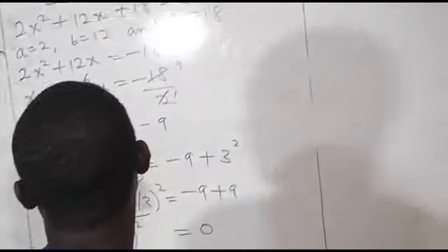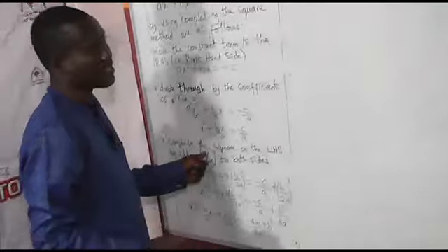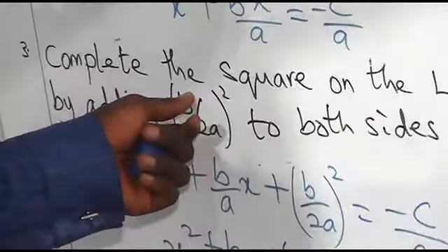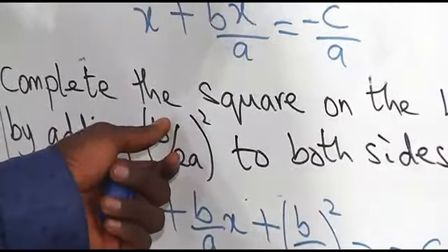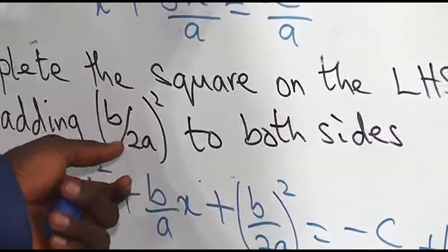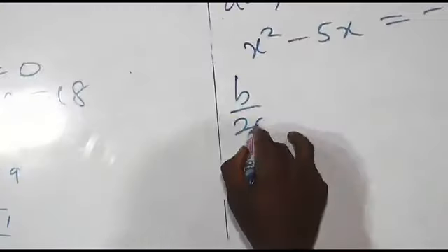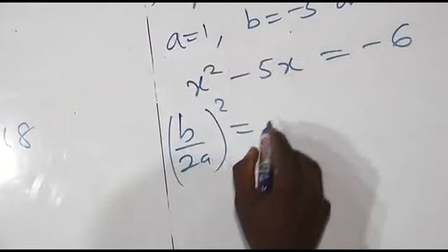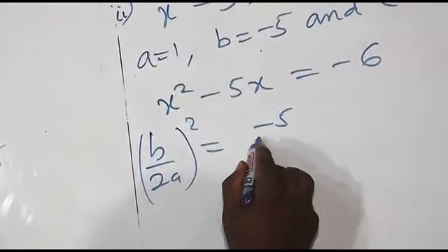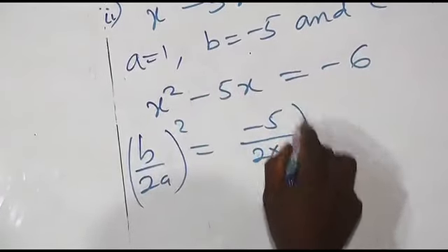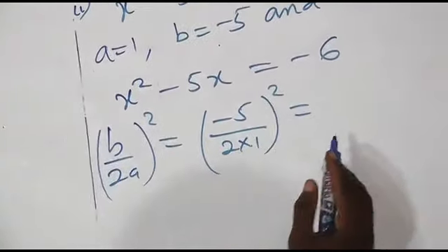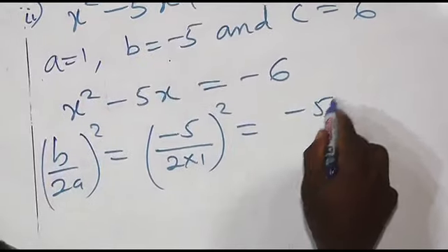Now, we are to add a constant to both sides of the equation. So you have b over 2a. b over 2a squared will give minus 5 all over 2 times 1 all squared, which is now written as minus 5 over 2 all squared.